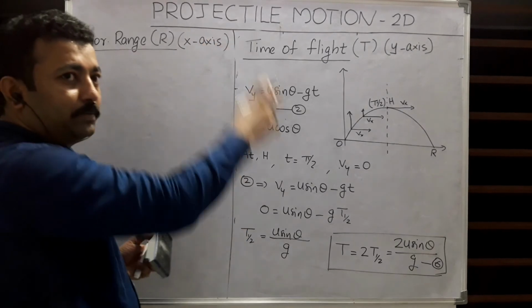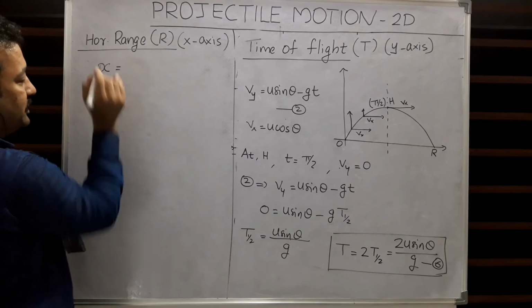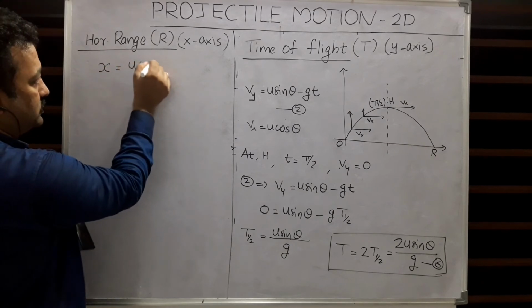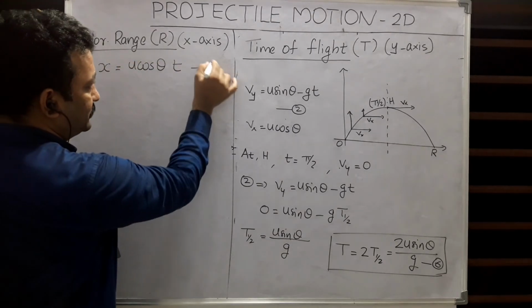If you remember the table which I have given, the x distance was equal to u cos theta multiplied by t as per equation 3.